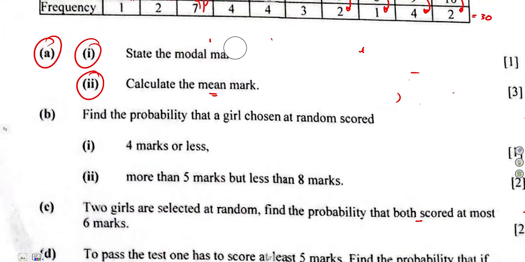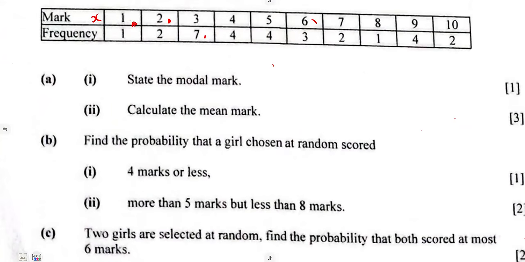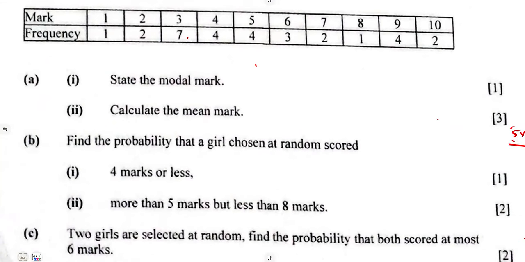Let us quickly consider the other section of our question. Remember the total of everything is 30. Now you're given the probabilities. Find the probability that a girl, you just consider one person once, chosen at random, scored item 1, 4 marks or less.